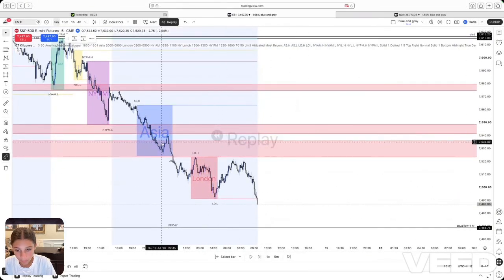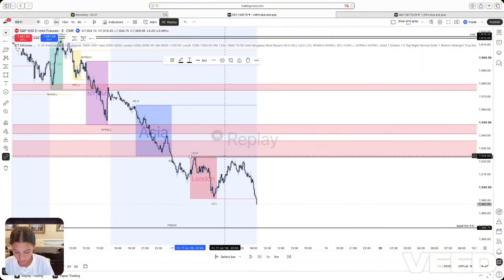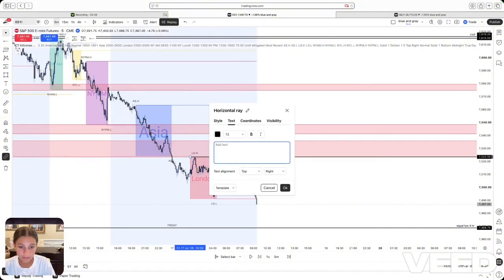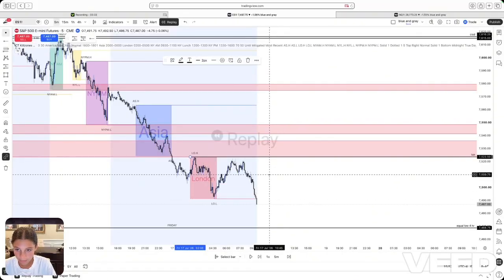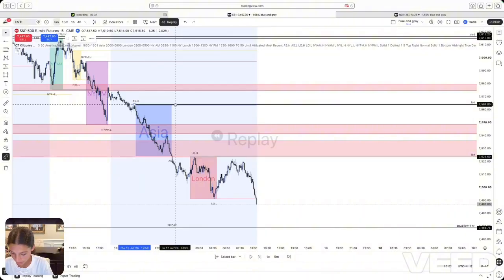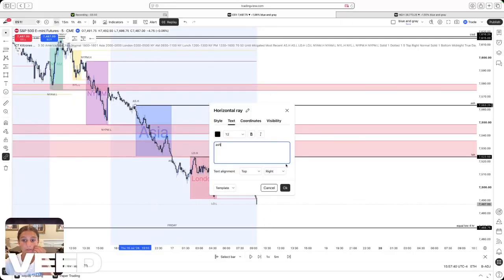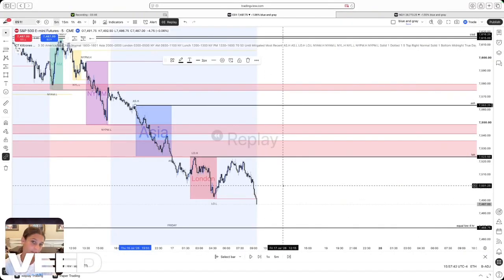Because you know New York session always wants to beat out all the other sessions. London session high. Right, so London session high. And then we also have Asia session high. Now, what does this kind of indicate if we don't have any Asia session or London session lows? That means we're looking even more bearish, right?